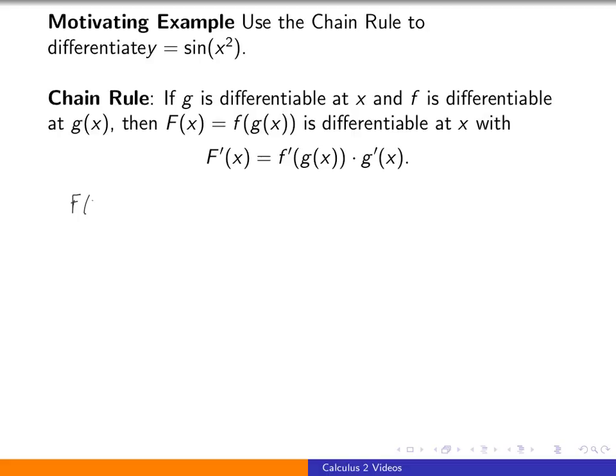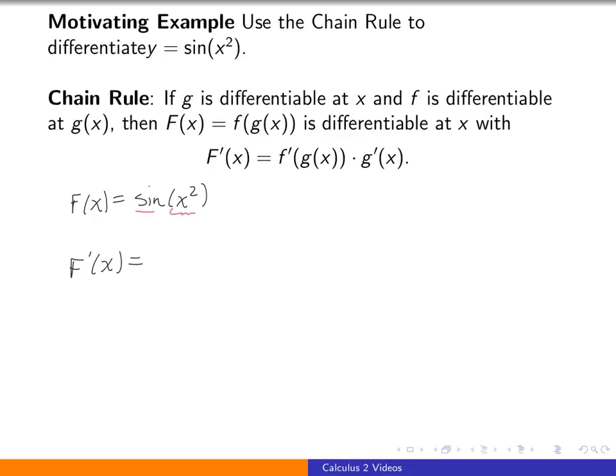So we're trying to differentiate, I'll call it big F of x to agree with our chain rule formula, just for fun. And this is equal to sine of x squared. So you see that you have this outside function, sine, and this inside function, x squared.